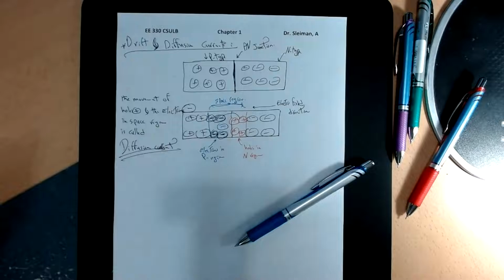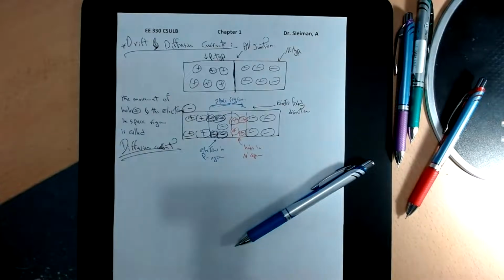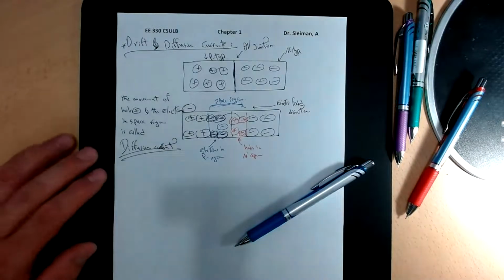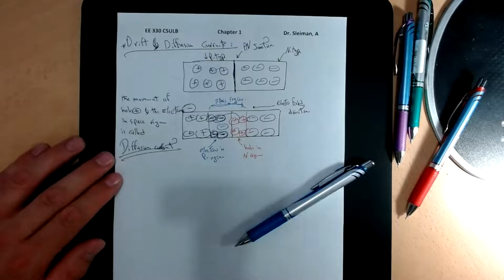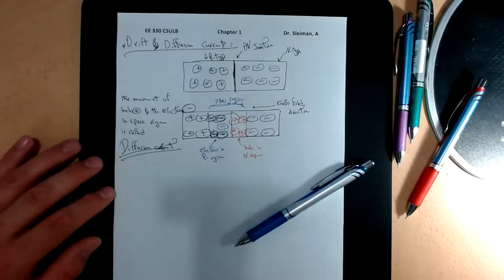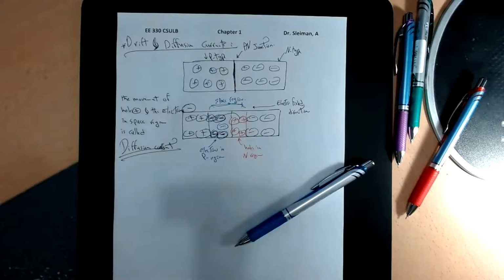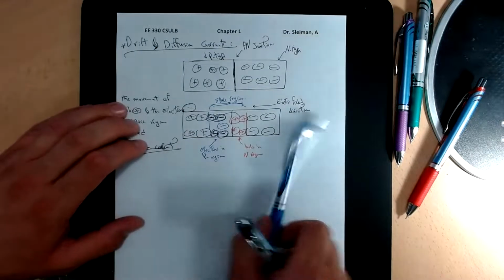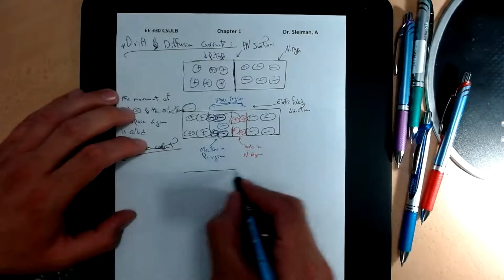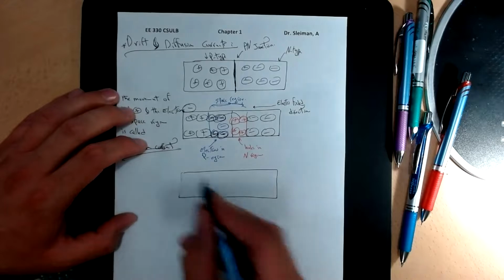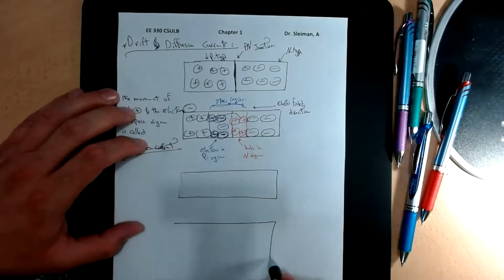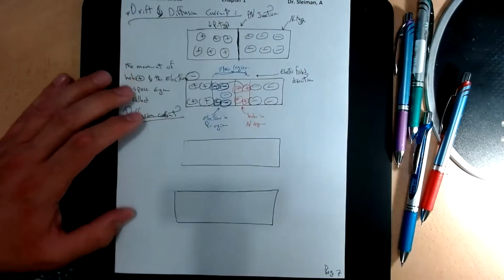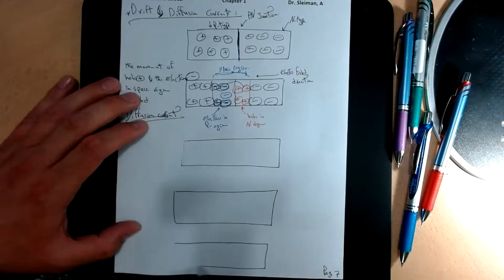So we have reverse bias, we have forward bias, and we have drift current. So what happened in these three cases? So I'm going to put 1, 2, 3.